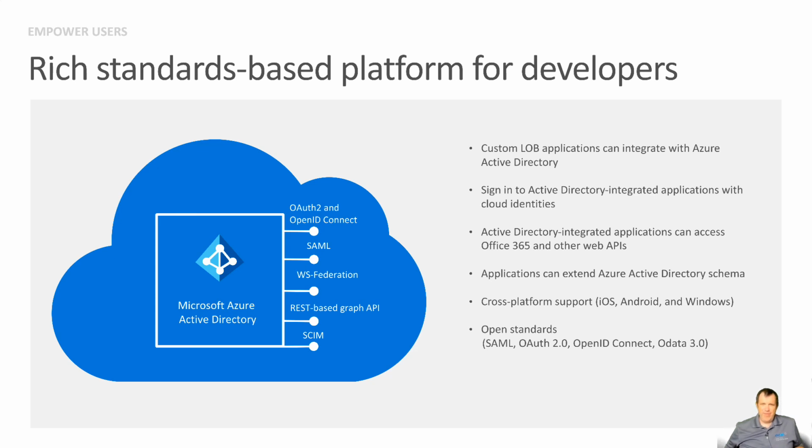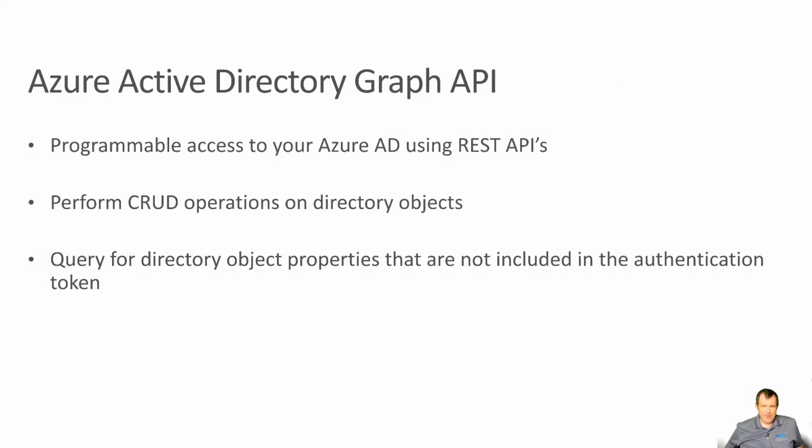You can extend the Azure Active Directory schema with your application, so you can add custom things. You have cross-platform support. You can log in on iOS, Mac, Android, or Windows. It's the modern Microsoft. We can do everything everywhere. And this uses open standards like SAML for authorization, OAuth 2.0 for authentication, OpenID Connect, and OData 3.0 for exchange.